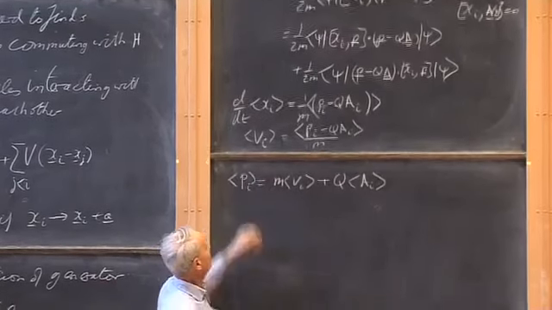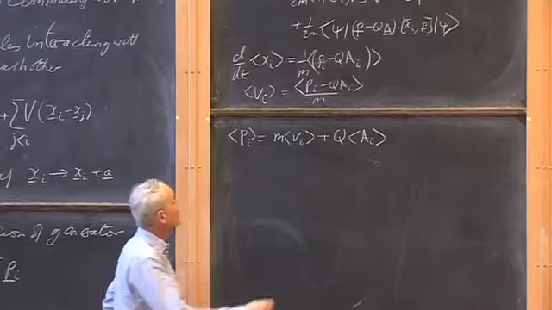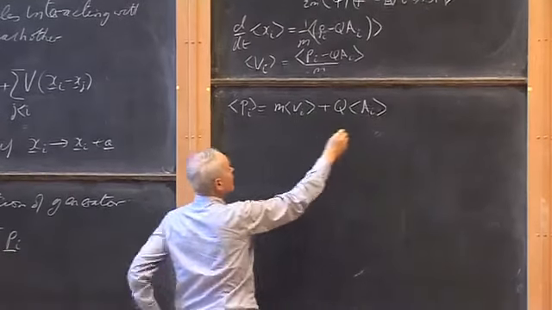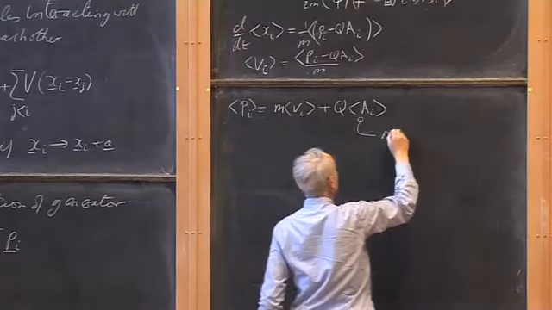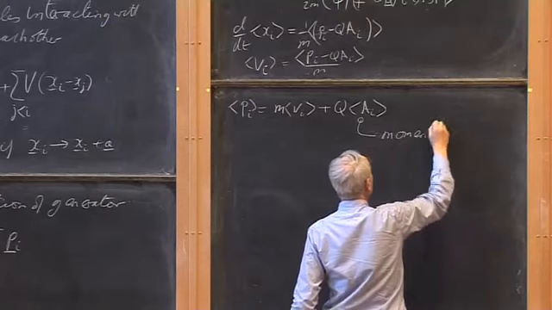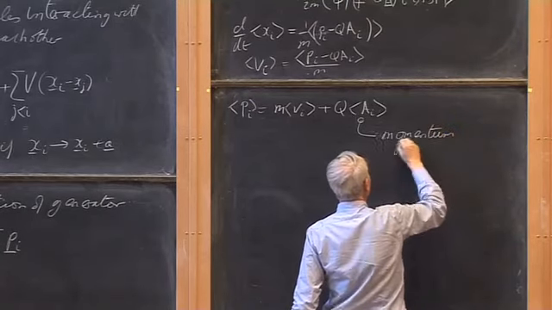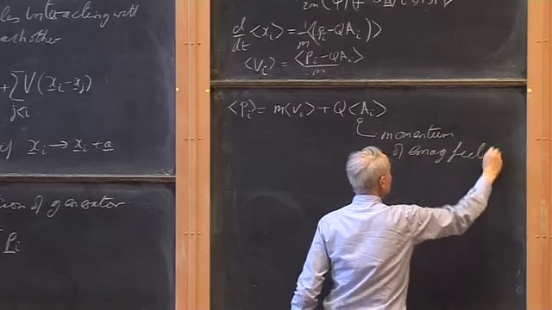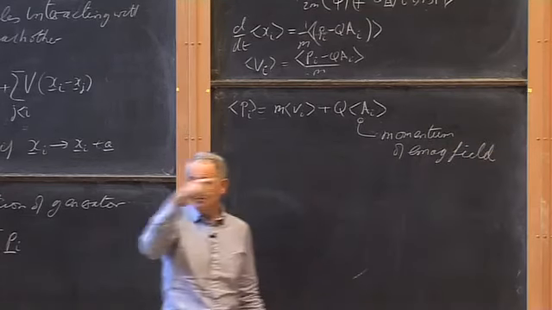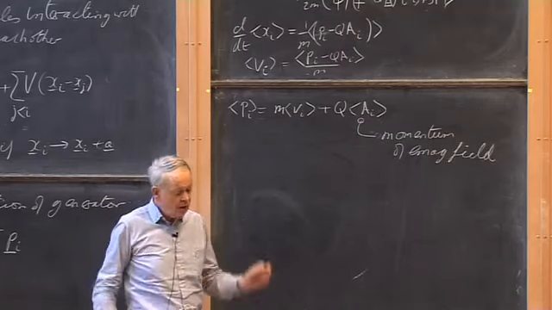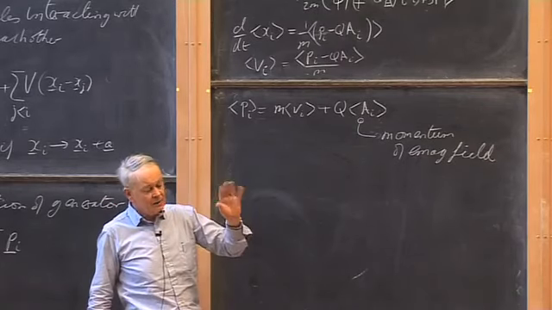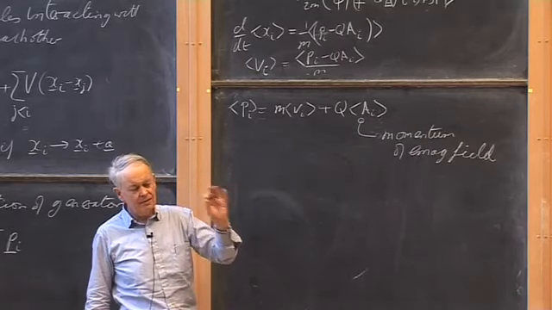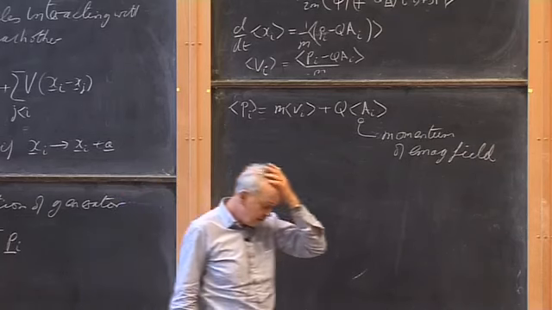And there's a problem on the problem sets that tries to convince you this is obvious, that this is the momentum of the EM field. The point is that if you move a charged particle, you are moving its electrostatic field.